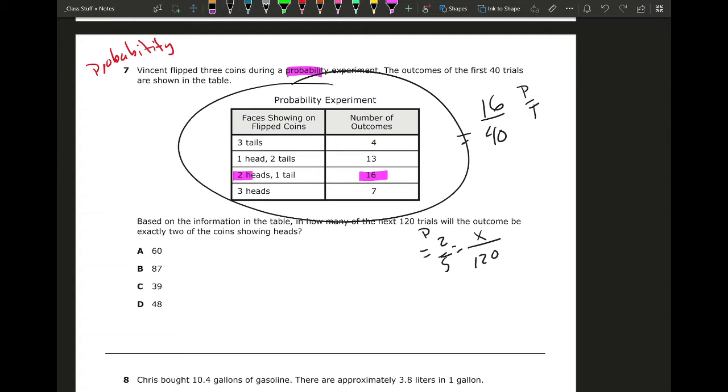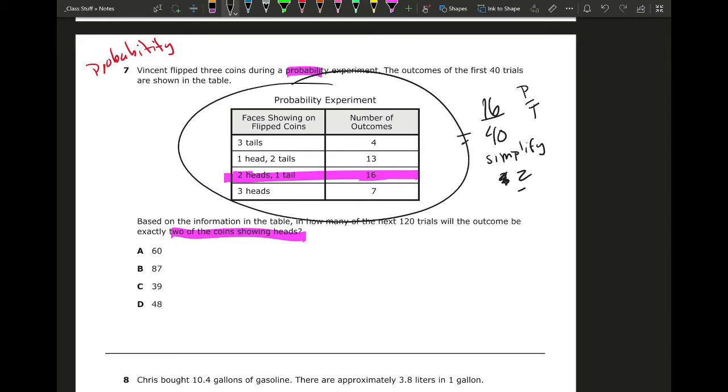Okay, let's do this again. So my total number of things that I did is 40, because I did the experiment 40 times, right? The question says 2 of the coins showing heads, which is going to be right there, because there's 3 coins, but I want 2 of them to show heads. So how many times is that? Well, that's going to be 16 times out of the 40. I'm going to simplify this. When I simplify this, I get 2/5.